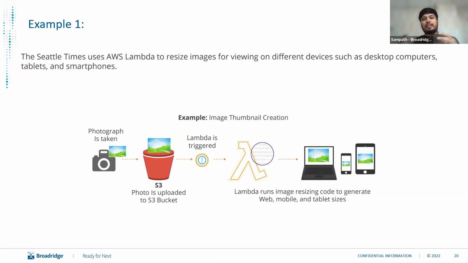It would resize for mobile, for MacBook, for iPad, something like that. So 100 images are there, and I'm doing it in one go at a particular time, 10 p.m.